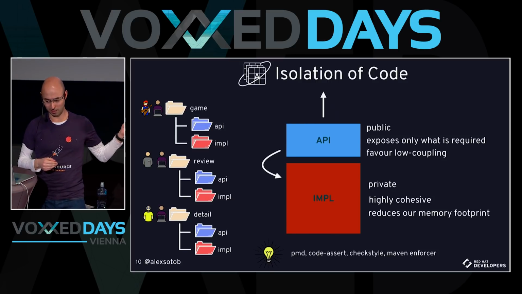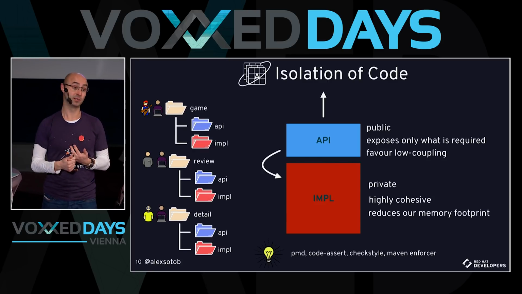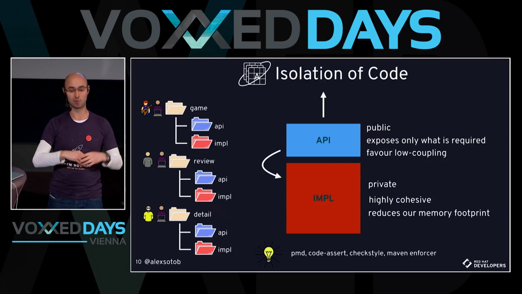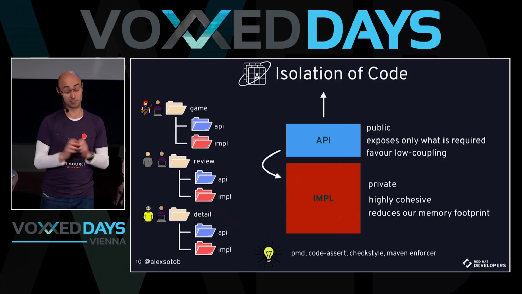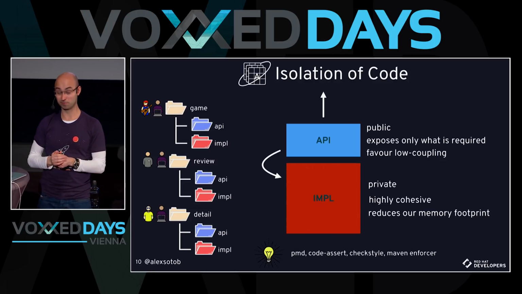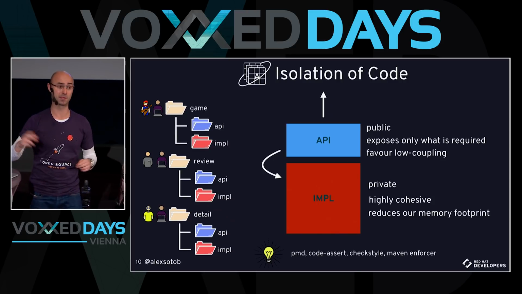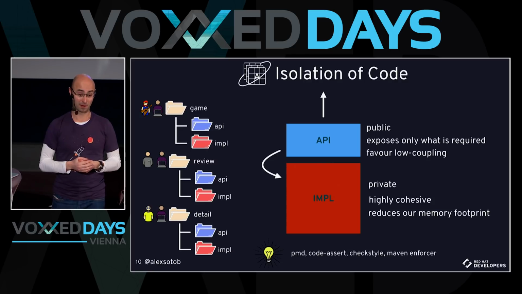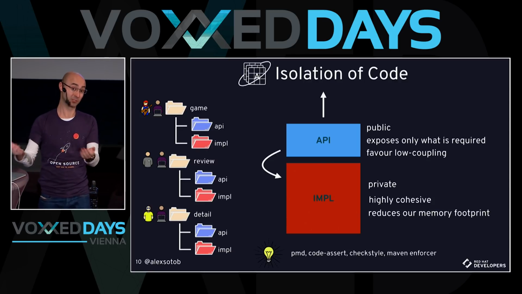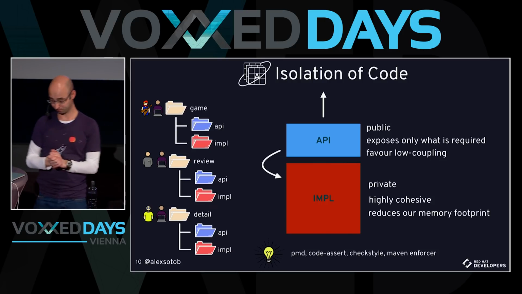Also, you can use tools like PMD, Checkstyle, or maybe an enforcer to have some automatic ways of detecting these violations. Or even, and this is quite hacky, if someone is smart enough to say, I know that this class is private, but I'm going to use reflection, nobody can stop you from doing that. For this reason, in the code review, you also need to pay attention to the reflection calls, right?